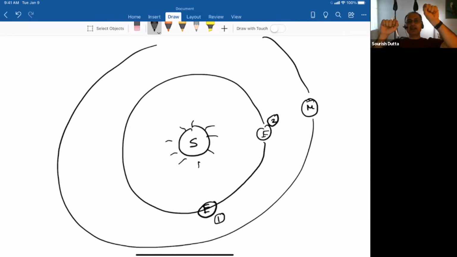So if you're on the Earth in position 2 and position 3, let's say, it will seem that Mars is sort of moving backwards because we are lapping Mars at that time, right? So to us, it would look like Mars is moving backwards. And so there are certain periods of time when we are lapping Mars. At that time, it appears to us as if Mars is moving backwards.